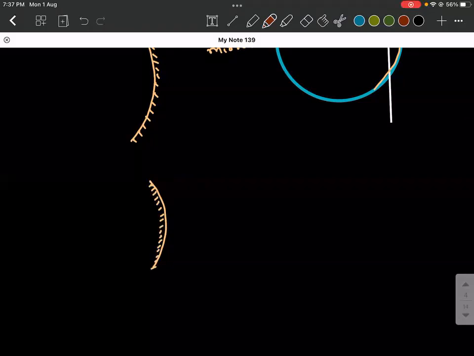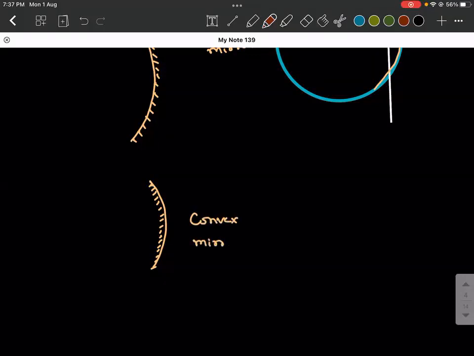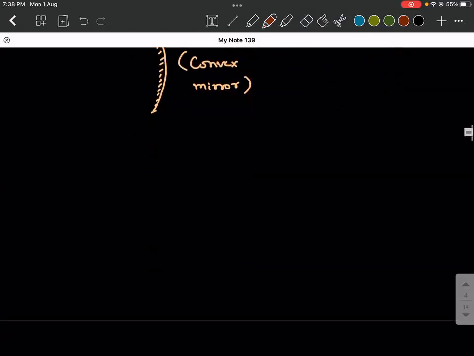If I make it opaque on the depressed side, it becomes a convex mirror. Okay.